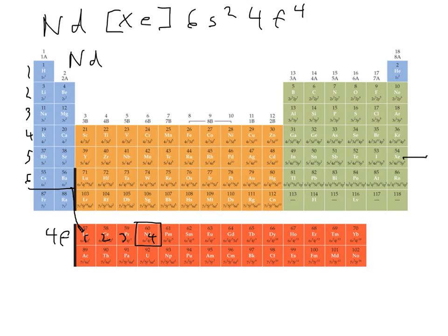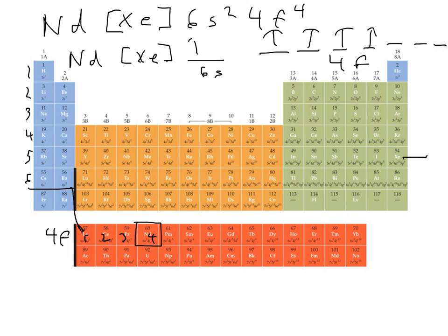Now we do our orbital diagram. 1 orbital in the 6s, and then 1, 2, 3, 4, 5, 6, 7 in the 4f. We have 4 electrons. So we place 1 electron in each of the 4f, and we're going to have some empty ones. All right, that's it. Chemistry is easy, life is hard.